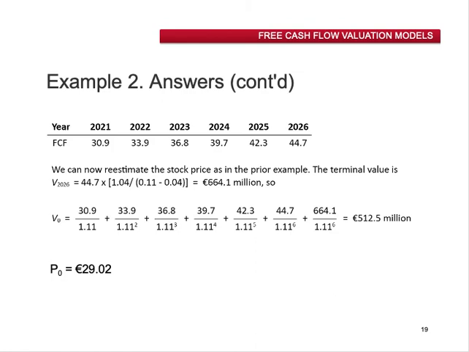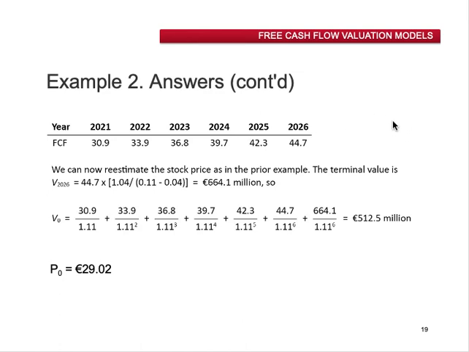The first thing that we're going to do is to recalculate the cash flows in 2021 until 2026. Then we're going to discount these cash flows with the cost of capital. Then the second step is to calculate the terminal value in 2026. And remember that the terminal value in 2026 is equivalent to the cash flow in 2027 and beyond.